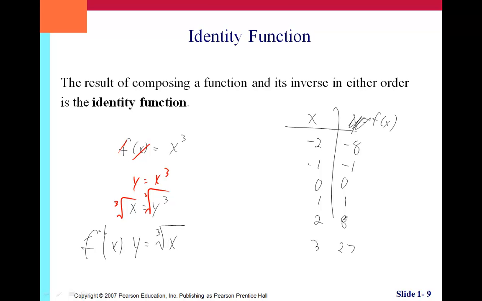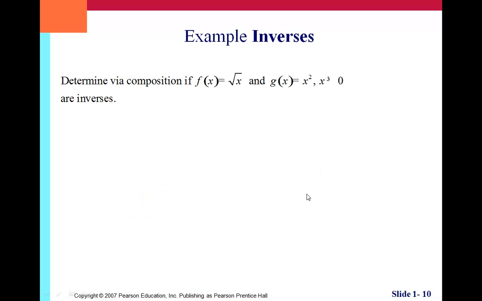So it should make sense that if you compose these two, if you take the number 2 and then you cube it, you get 8, right? But then you take that number 8 and you cube root it, well, it's going to spit back out 2. So if you compose f with f inverse, it's going to take what you originally put in and spit it back out, so 2 will map to 2 eventually.